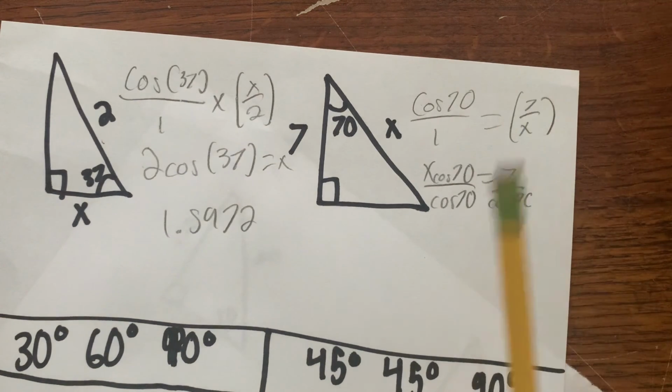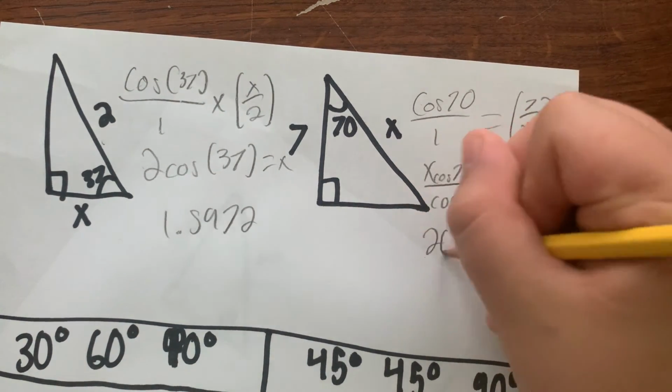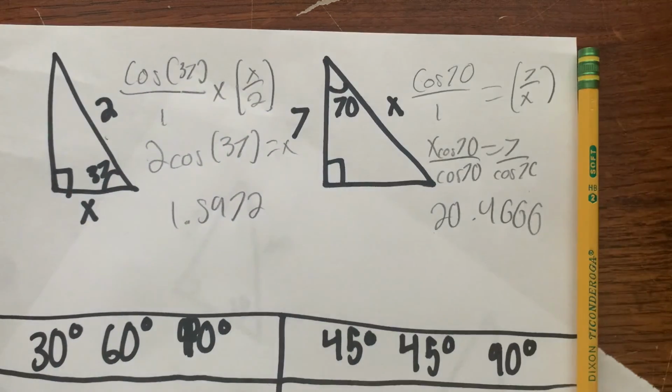Okay, so I'm sure that's wrong, but this isn't scaled. So my calculator says that it is 20.46666. Actually, I'll be right back.